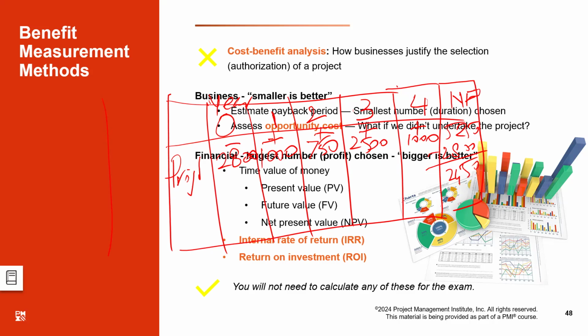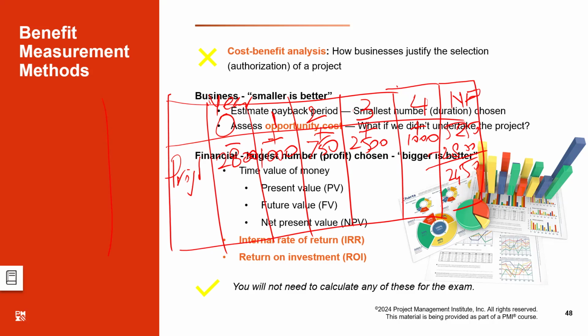Can you indicate why it is not a very good method? Because you have considered all the amounts as equal, no matter if they are happening in the future or they have happened in the past.